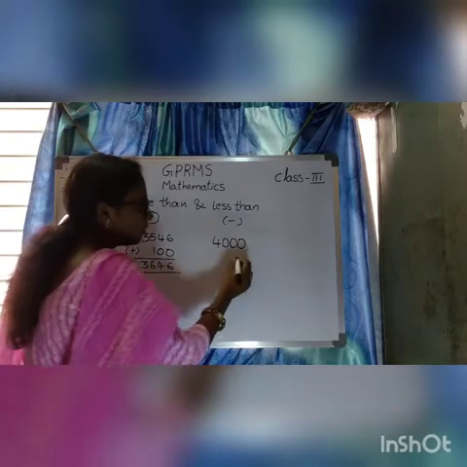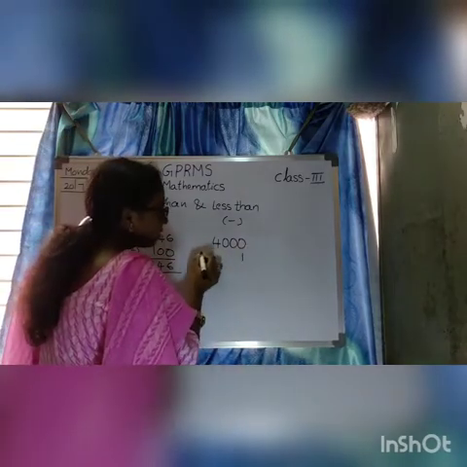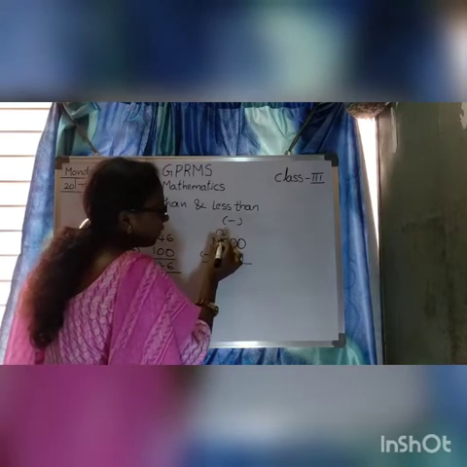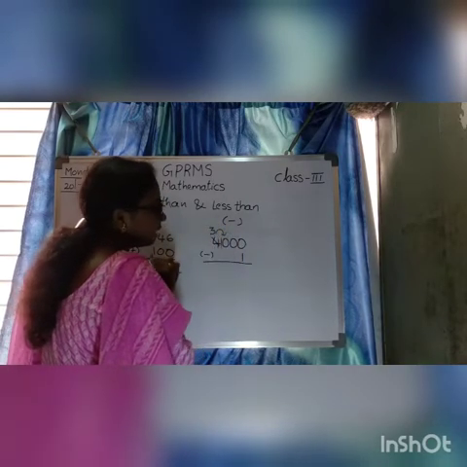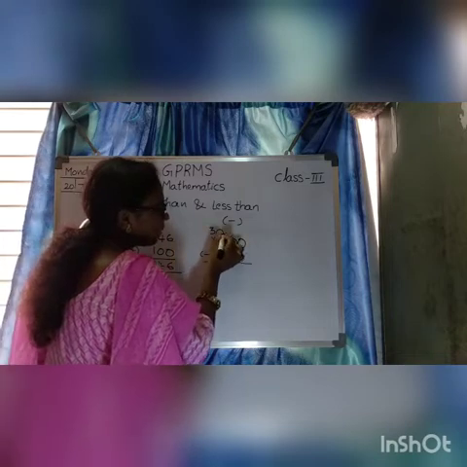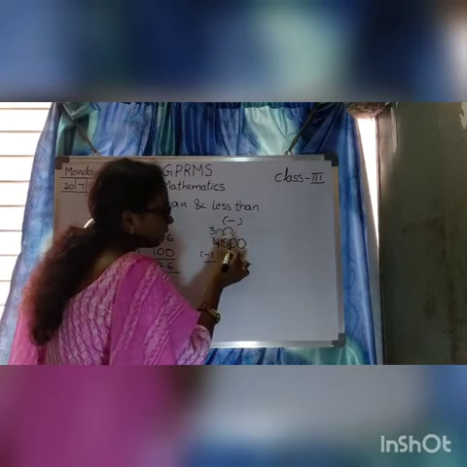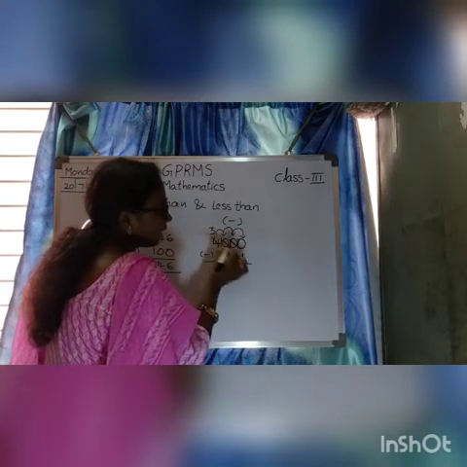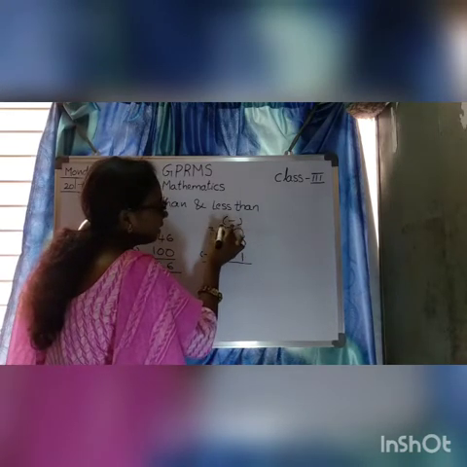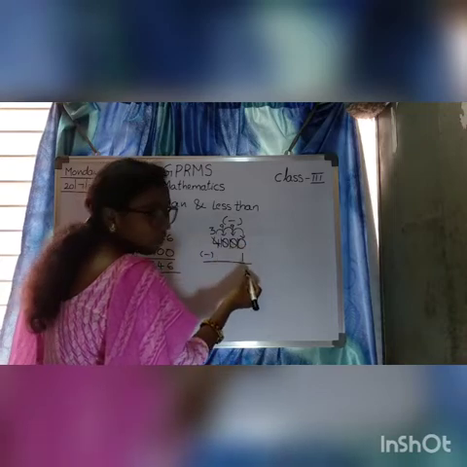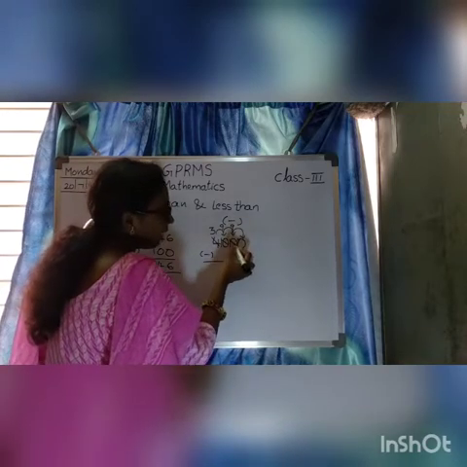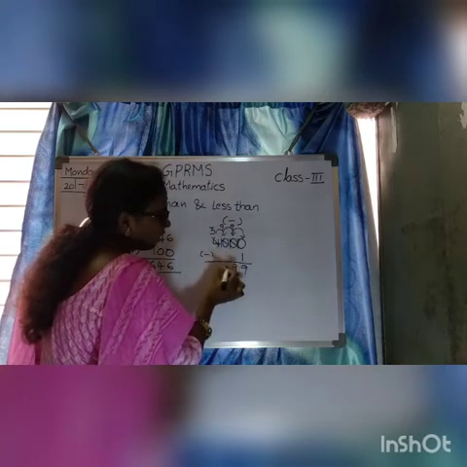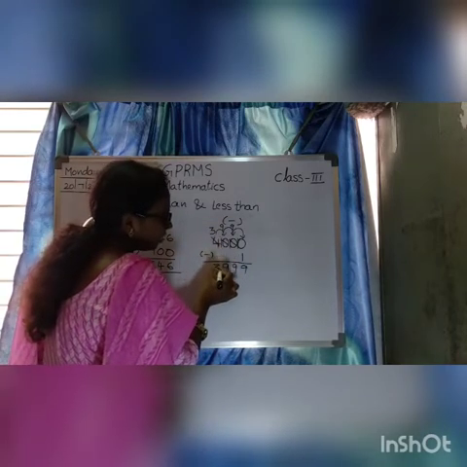If I take 4000 and ask you for one less than this number, one less than, so less means you should subtract. See here, I am borrowing 1 from 4, then it will become 3 here and 10 here, again borrow here, you are again getting 10, and again borrow, here you are getting 10 and here 9, here 9. 10 minus 1 is 9. 9, 9, here nothing is there, so 9, here also nothing is there, 3.